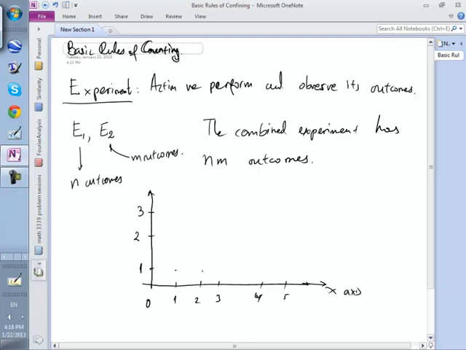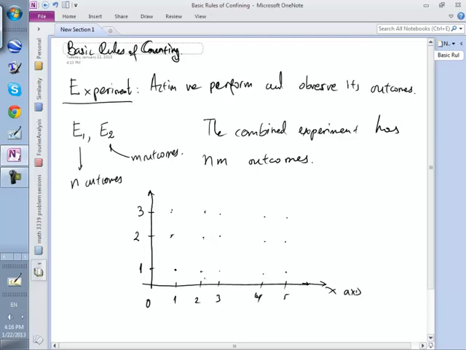Now, the resulting grid is the combined outcome of the two experiments, and each one of these points has coordinates that come from both: the x coordinate comes from the set of x coordinates I have picked, and the y coordinate comes from the set of y coordinates I have determined.